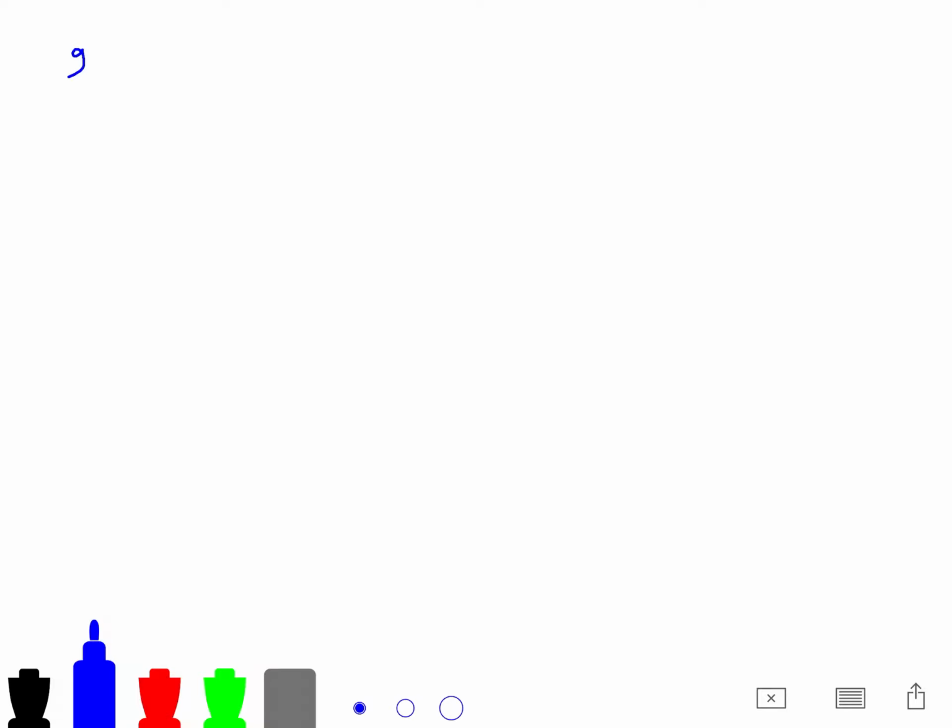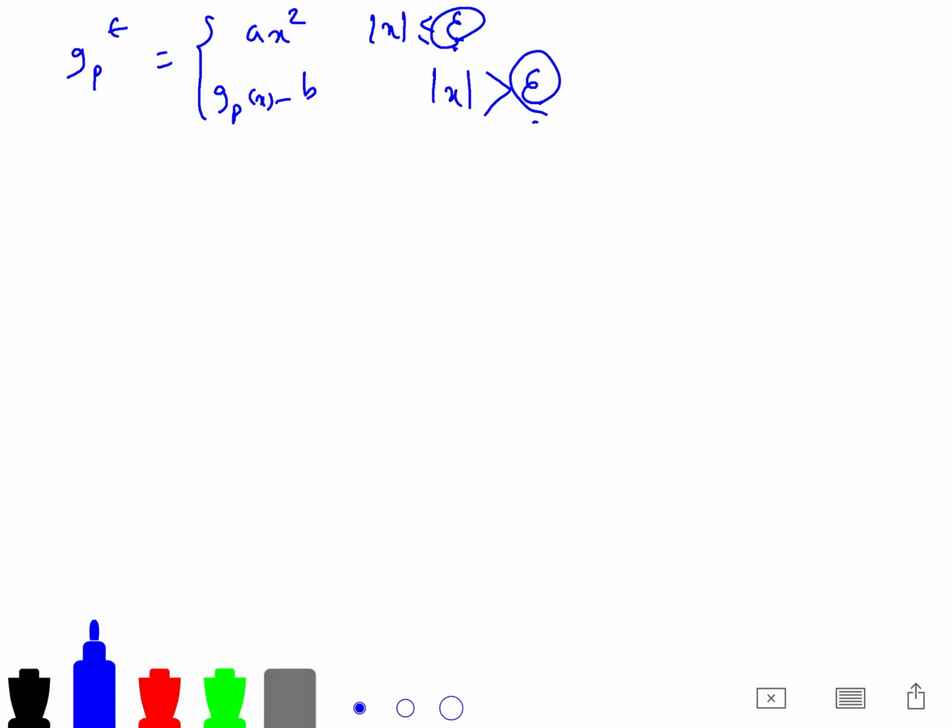So the best solution is just locally we say, okay, a x squared is nice if we are in an epsilon neighborhood. But if we are not in the epsilon neighborhood, then let's get this one. But because at the junction, I mean where x is equal to epsilon, we want to make it both continuous and differentiable.